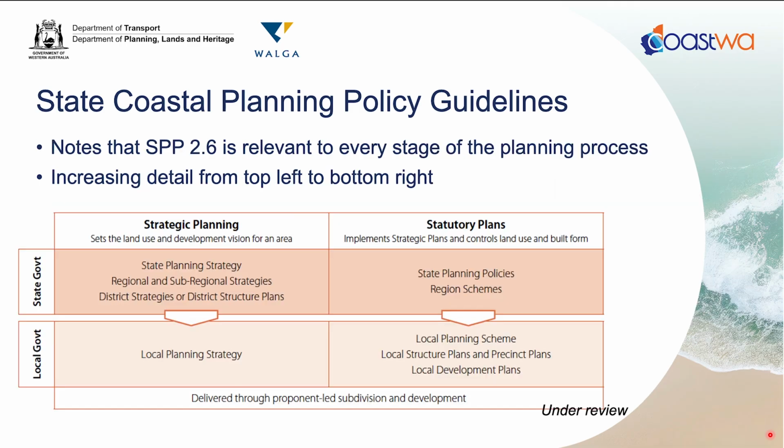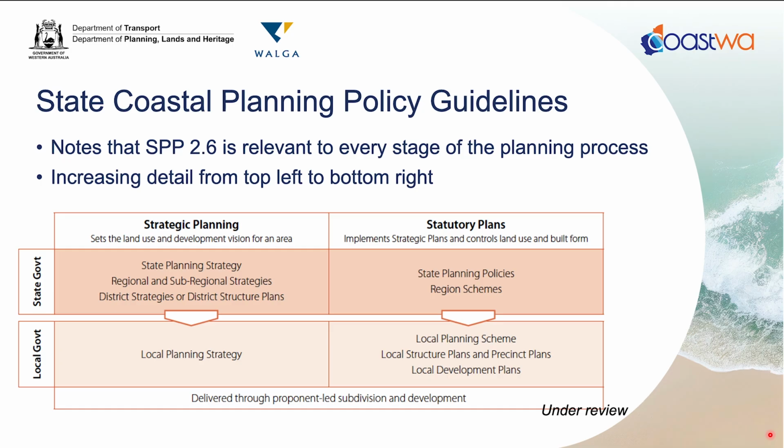The guidelines are very clear that SPP 2.6 is relevant to every stage of the town planning process. And I need to be very clear that we're talking about town planning and the urban planning that sits within the legislation of the Planning and Development Act.